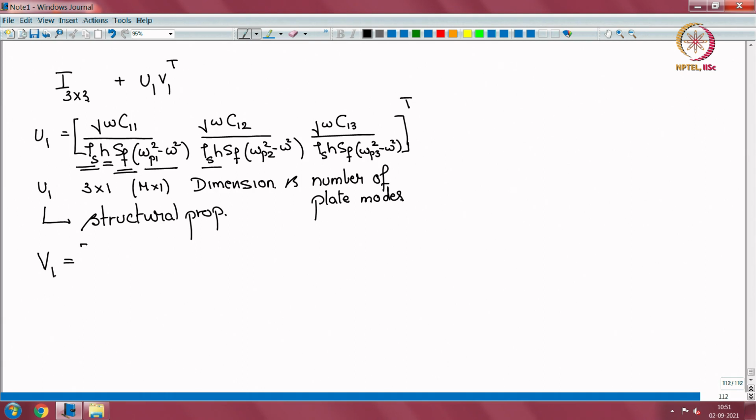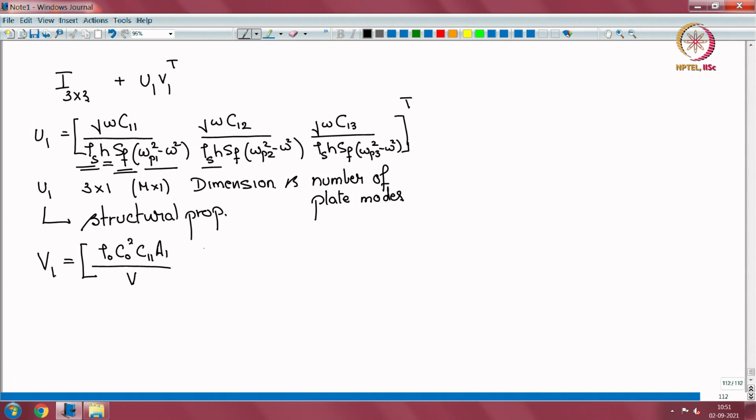Now let us look at V1. V1 is given by rho 0 C0 squared C11 A1 by V. The A's have been defined before.